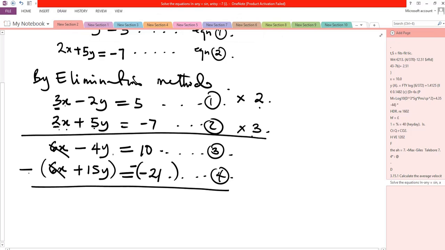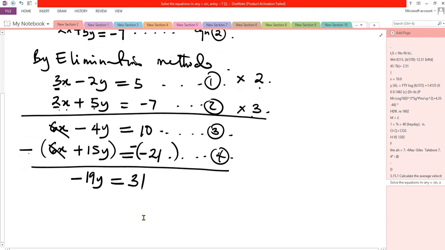Now minus 4y, minus times plus will give you minus. So minus 4y minus 15y will give you minus 19y. Now you have 10, minus times minus will give you plus, so 10 plus 21 will give you 31.